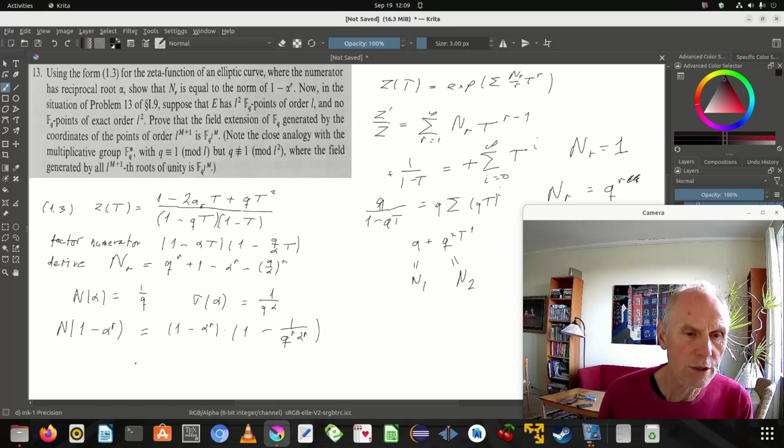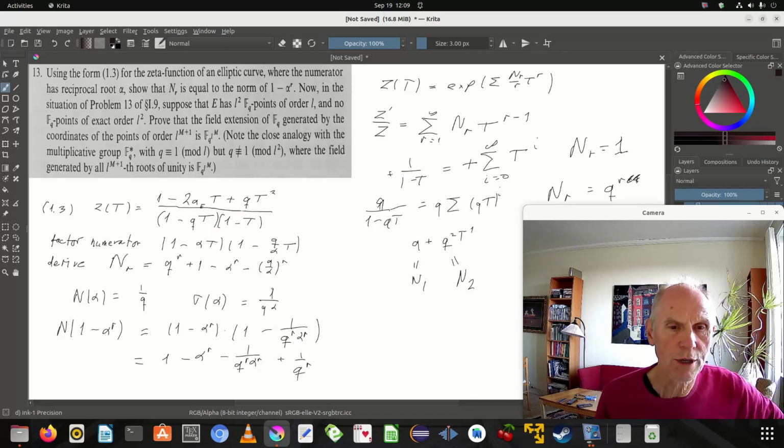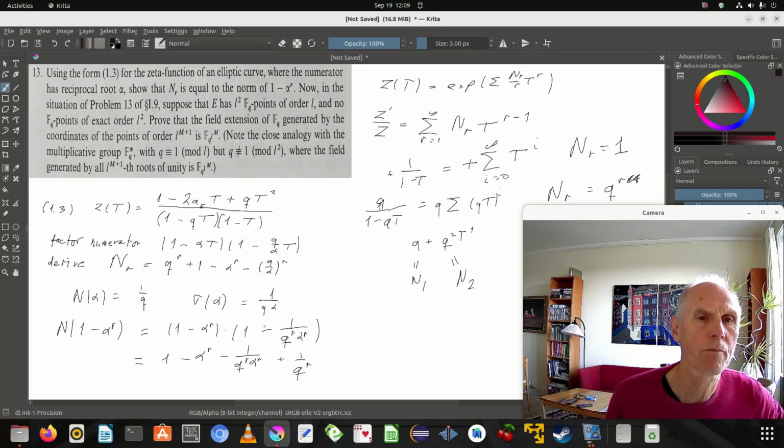We get unity minus alpha to rth minus 1 divided by q to the rth, alpha to the rth, plus 1 divided by q to the rth. So we should have q in the numerator, not the denominator.